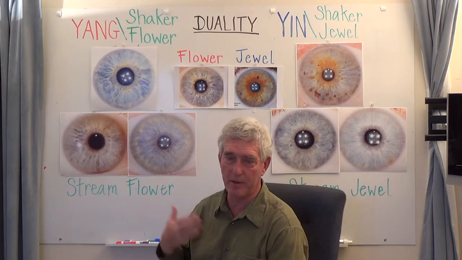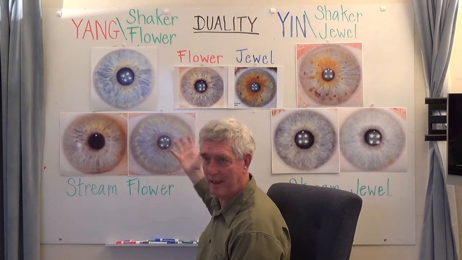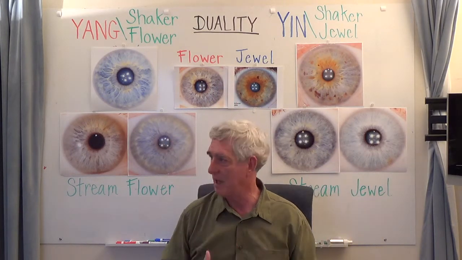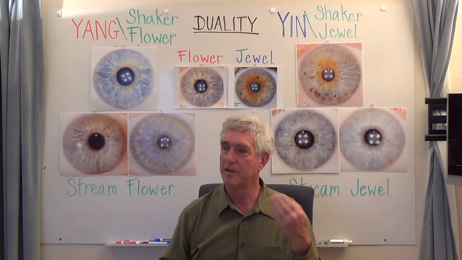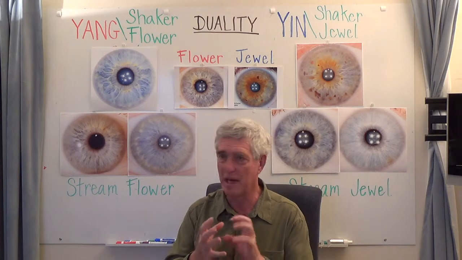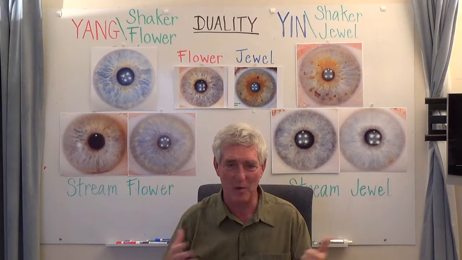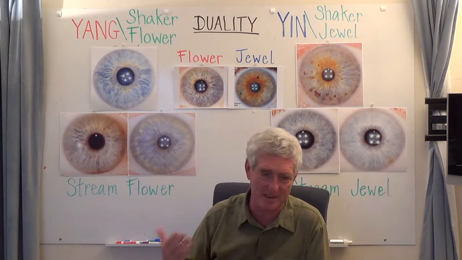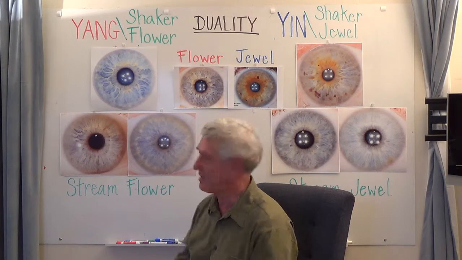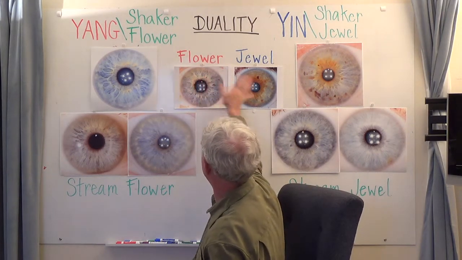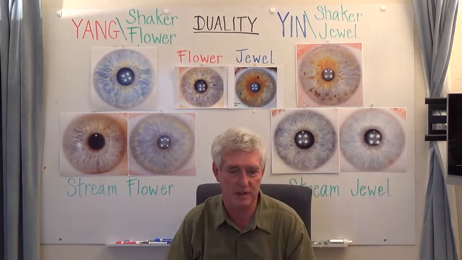One of the reasons why we do this is that it gives us an understanding of the duality of the many sides of myself. So this is another continuing discussion about the self. The self later on will be another one we'll do, about the source of how we make choices and how these choices lead to different forms of experiences. So this is the experience of duality relative to flower and jewel, shaker and stream, and all their combinations.